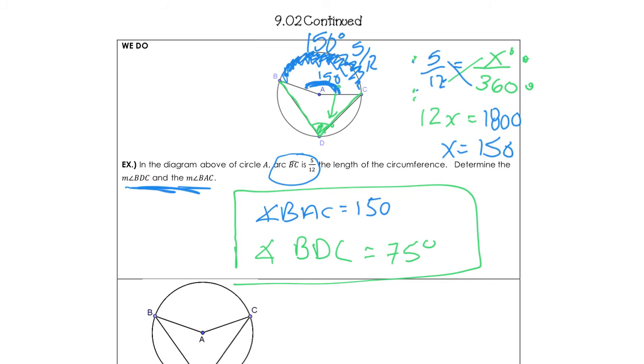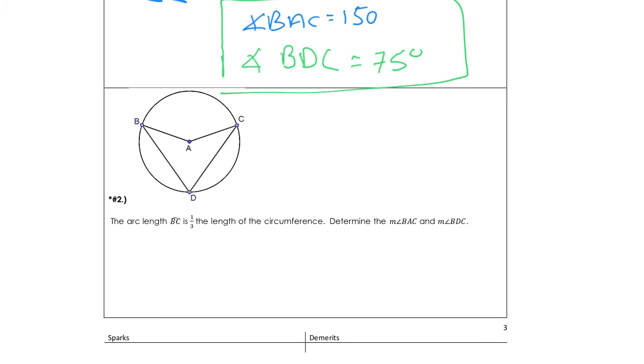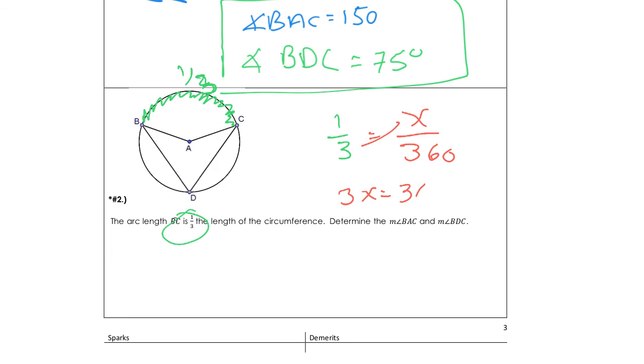All right, so go to the bottom one. Try this one, pause the video, and see if you can do it, and I'll show you the answer. So really similar. BC is 1/3 the circumference. So this is 1/3 of the way around the circle, not a half, third. So 1/3, if I want to figure out the number of degrees, how many degrees is that out of 360? So that's 3x equals 360.